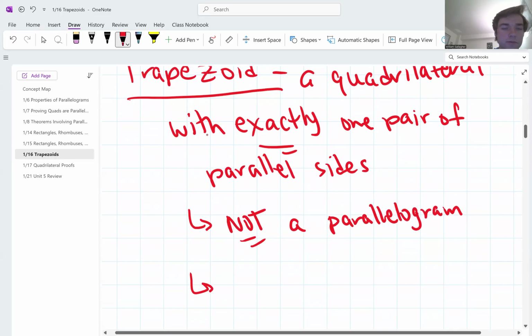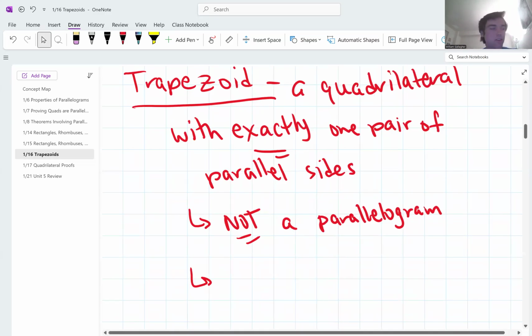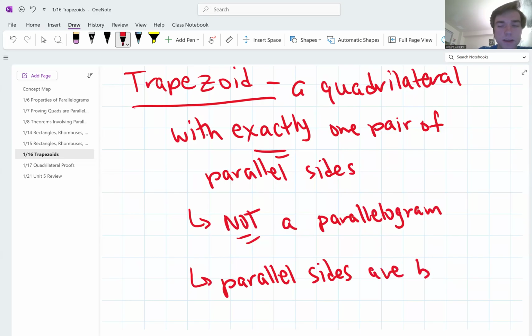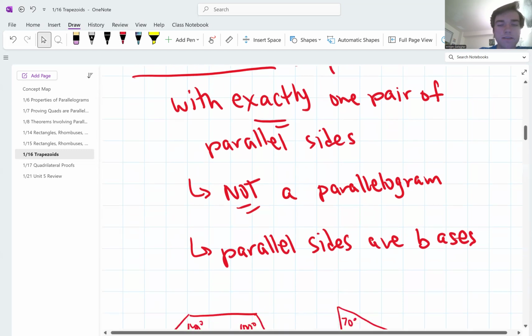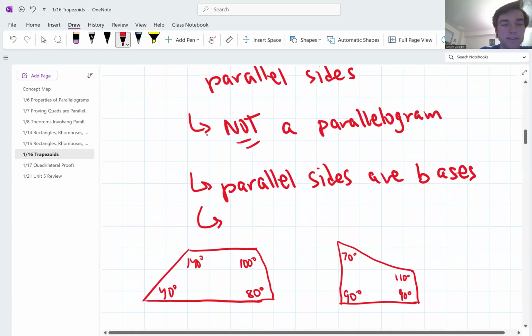The next one, we've talked a lot about bases, right, as being parts of figures. So for a trapezoid, we say that the parallel sides are the bases, and the other sides, which I'll talk a little bit more about in a second, are called the legs.